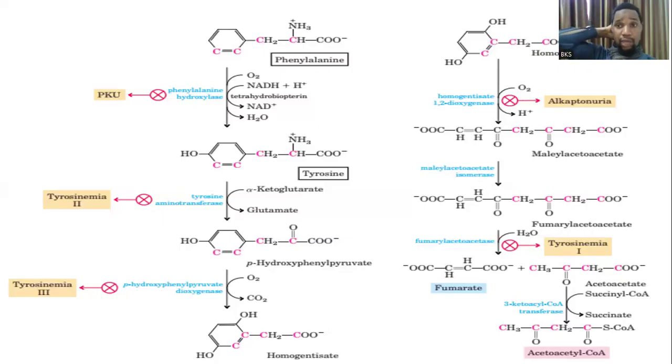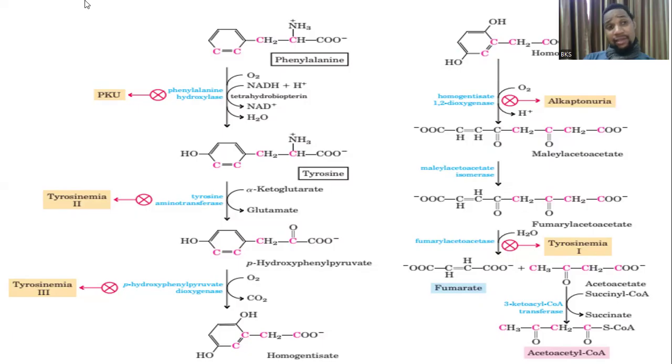That individual has problems with coordination, which all has to do with the problem of neural development, as we earlier mentioned. So the next reaction is conversion of homogentisate to maleylacetoacetate.